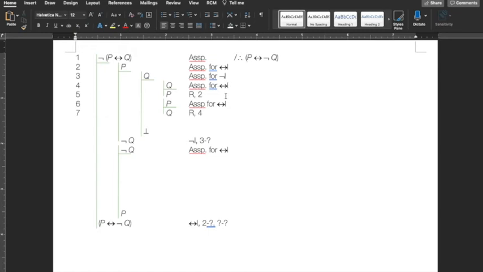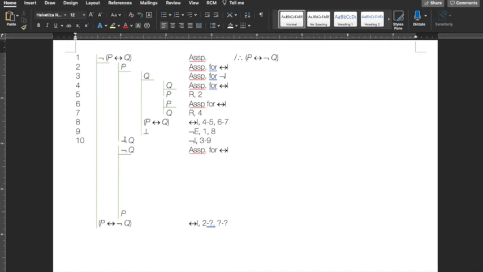So both of these were introduced for biconditional introduction. The biconditional I've introduced here at line 8, its negation appears at line 1. So that justifies the contradiction I was hoping for at the end of this subproof. By assuming Q, I was able to prove a contradiction that allowed me to add not Q to this first subproof.